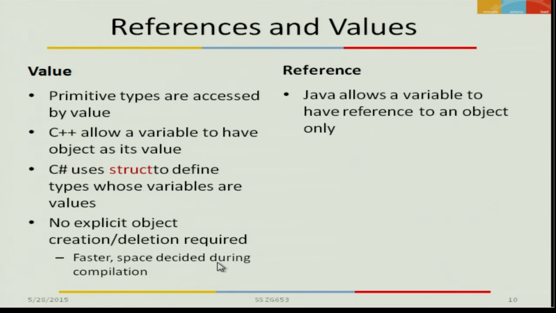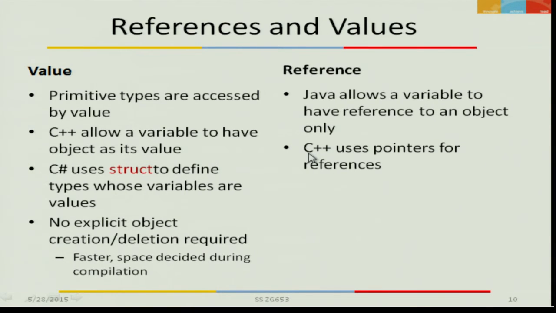Java, on the other hand, uses references. If you are using a primitive type in Java, it is of course accessed by value, but if you are dealing with objects, then it is only through reference, meaning that in Java you have to create an object using the new construct. That is true for C++ also when you are using a reference.